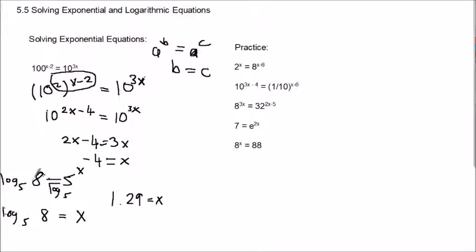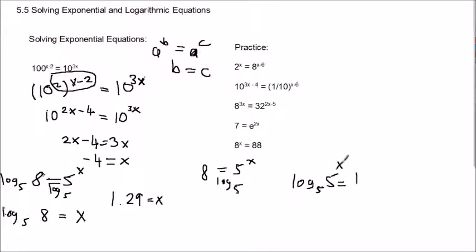Now in this case where you have 8 equals 5 to the x, you really want to get rid of the 5. So in order to get rid of the 5, you can just do log base 5. Because remember, in the previous chapter, log base anything of that same thing is equal to 1.